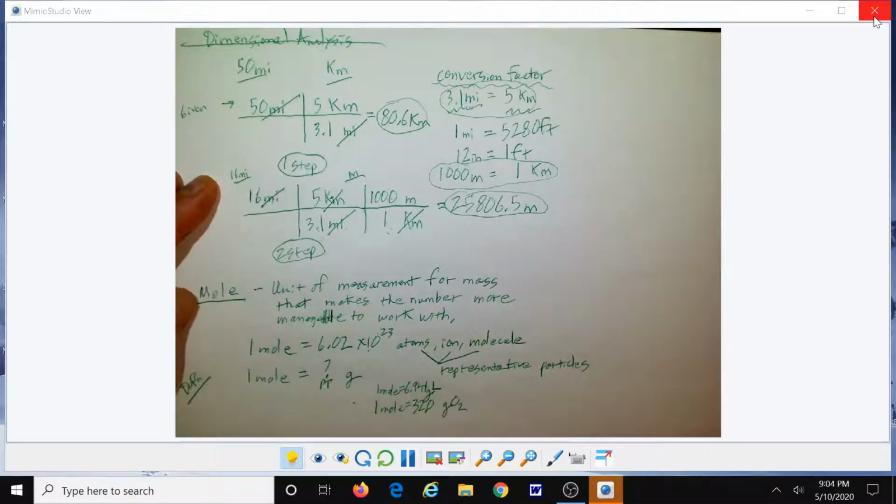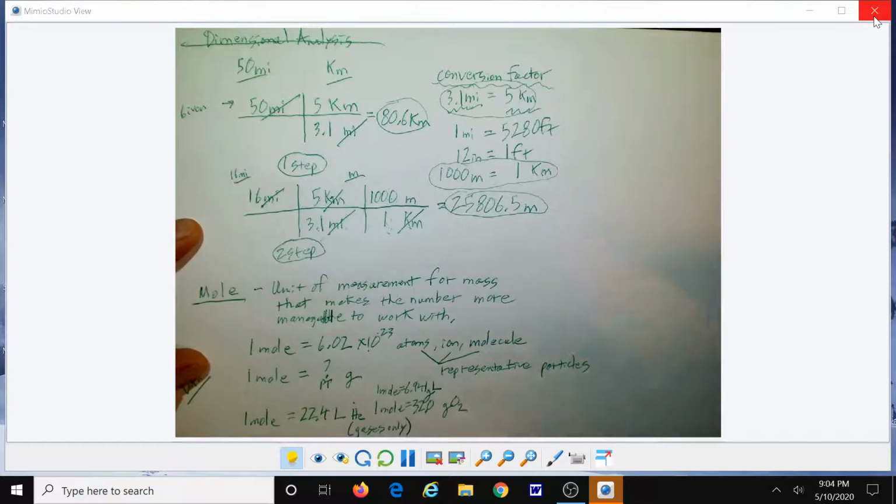Okay. Another one that we have is that 1 mole is equal to 22.4 liters if you happen to have a gas. It only works for gas. Oxygen is an example of a gas, and helium is an example of a gas. So really, it's for gases only. And really, gases only that are at what we call STP, standard temperature and pressure.